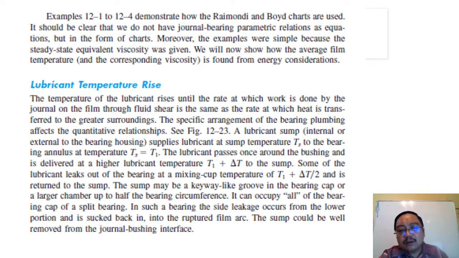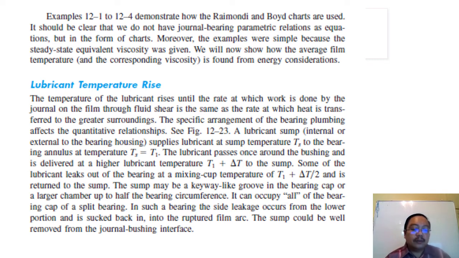It can occupy all of the bearing cap of a split bearing. In such a bearing, side leakage occurs from the lower portion and is sucked back into the ruptured film arc. The sump could be well removed from the general bushing interface.